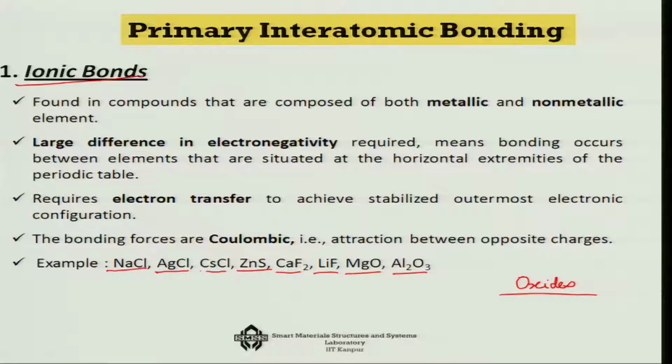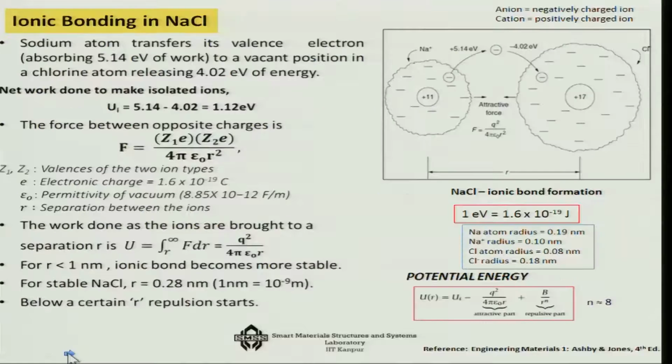Now these ionic bonds definitely require electron transfer to achieve a stabilized outermost electronic configuration, and the bonding forces are actually coulombic, the attraction between the opposite charges. Let us go through one of the examples, the ionic bond in sodium chloride.